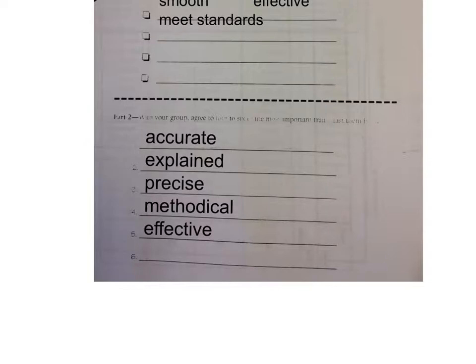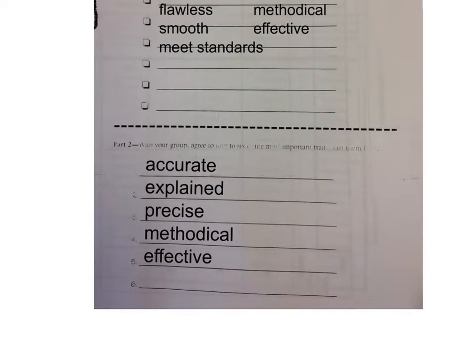When I look at where these words fall into my categories, into my criteria, I see that accurate and explained and precise are all part of the content. Methodical is the process. And then effective is the result.